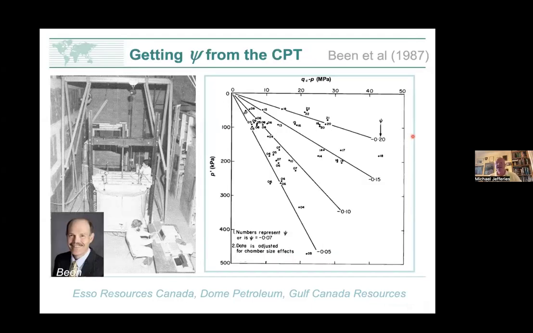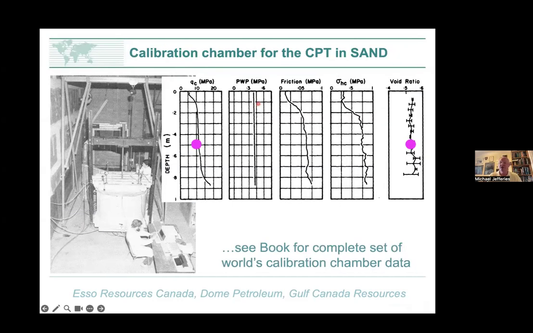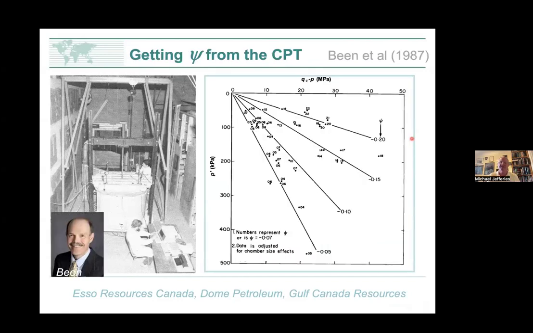If you take that data, of course, because I know the void ratio, we've also taken that sand and measured its critical state locus. So I know my confining stress in the tank, I know my void ratio, so I can take that void ratio and convert it to a state parameter.